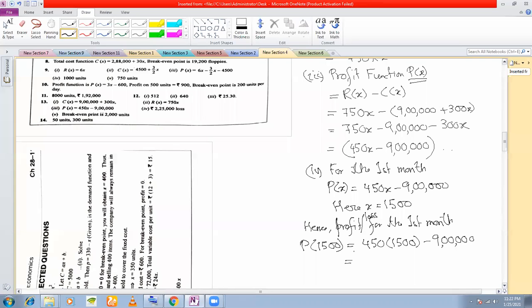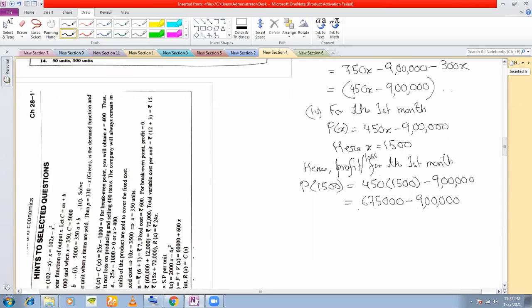Let's multiply 45 into 15: 675. Then you have 3 zeros following, minus 9 lakh. You're getting a negative answer, right? 675,000 minus 9 lakh gives minus 2,25,000.